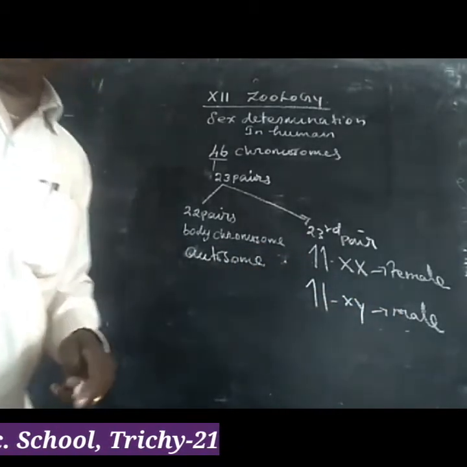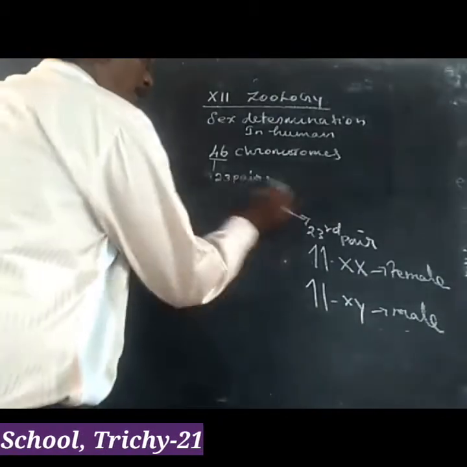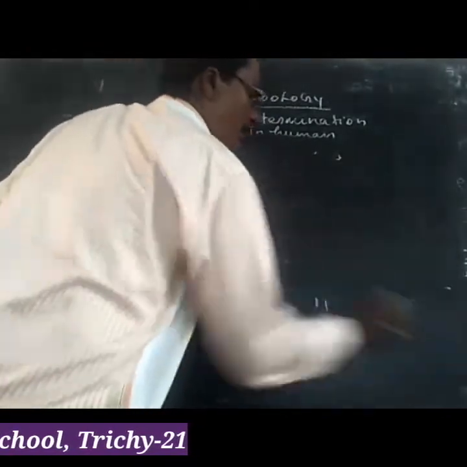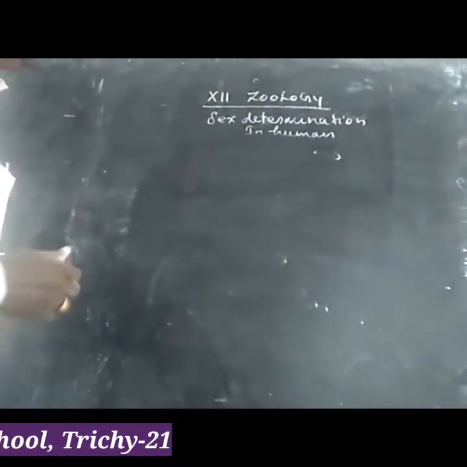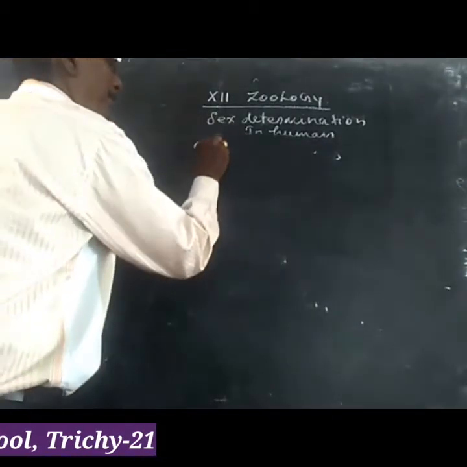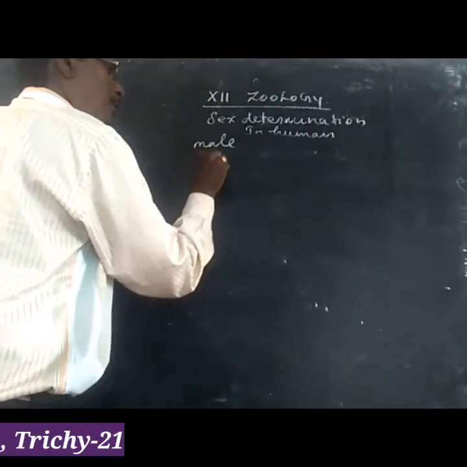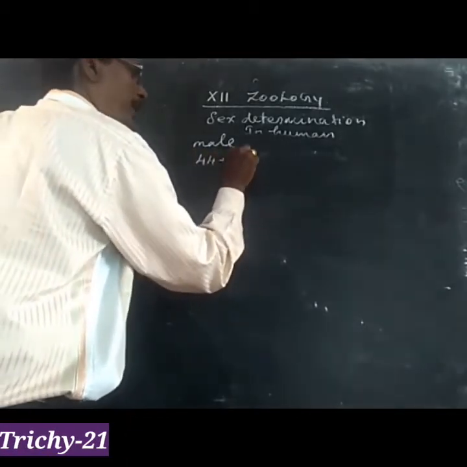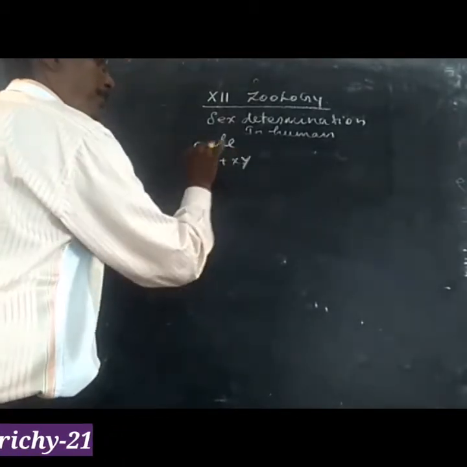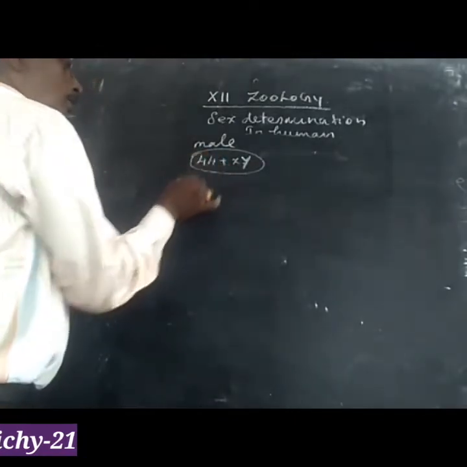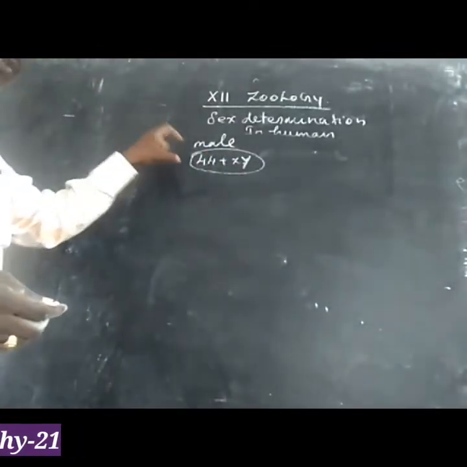So the body character in a male is 44 plus XY. Why do they become 46 chromosomes here?